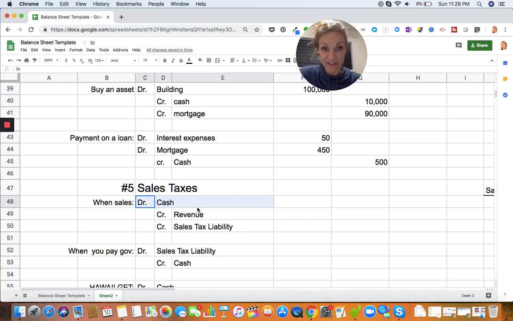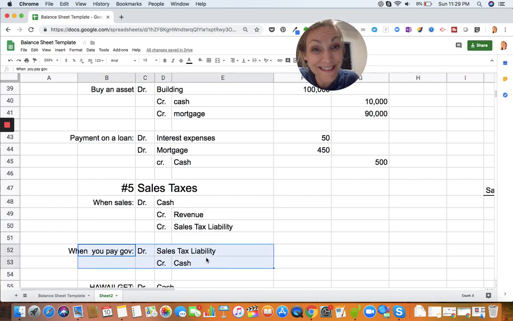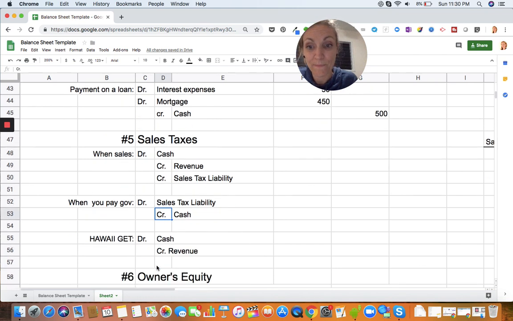So you collect their payment, and that includes primarily your revenue, but also a portion that's allocable to sales tax. And so you credit sales tax liability. And that's a liability account that then gets paid to the government. So when you pay the government, you debit the sales tax liability and you credit cash.